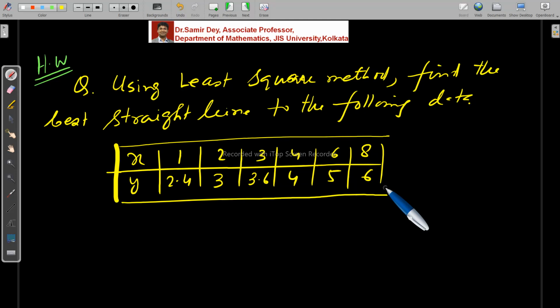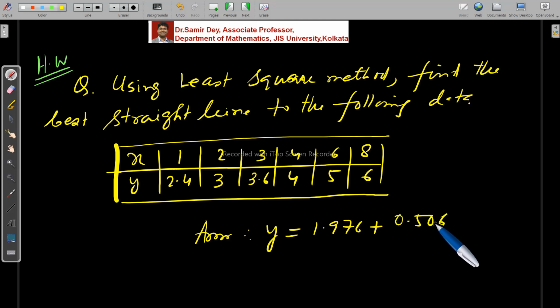Please try to find the value of it. Your answer will be y = 1.976 + 0.506 into x. Just follow this question and test whether this result is coming or not. If your result is coming, that means your concept is clear.